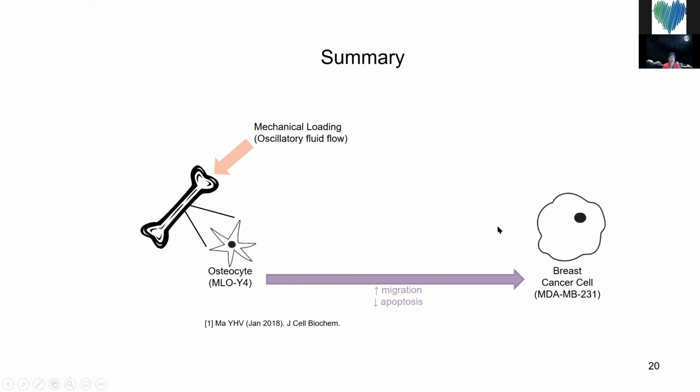But without any cell in between, if we're just looking at a direct crosstalk between osteocytes and breast cancer cells, we actually have the opposite of what we expect to see, which is an increase of migration and decrease of cancer cell apoptosis. So it's a big surprise to us, and then we realized something is missing in the picture.